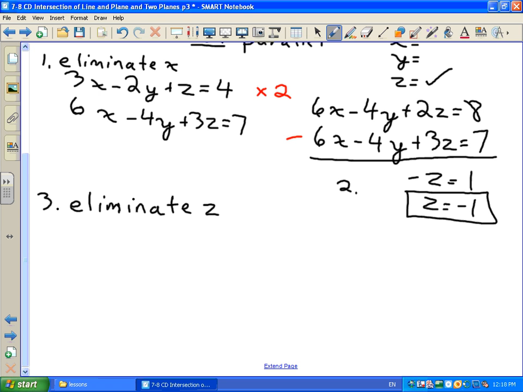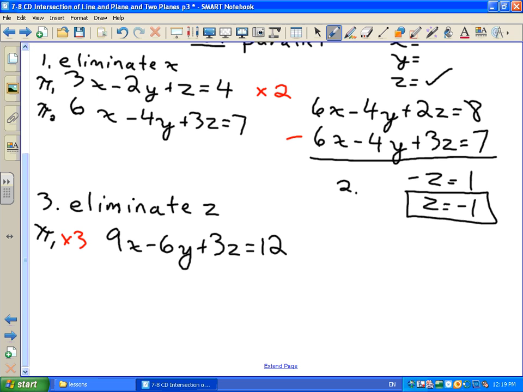So let's see. To eliminate z, we're going to take plane 1 and multiply it by 3. That'll get us 9x minus 6y plus 3z equals 12.